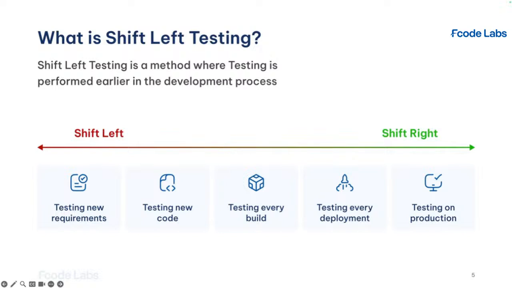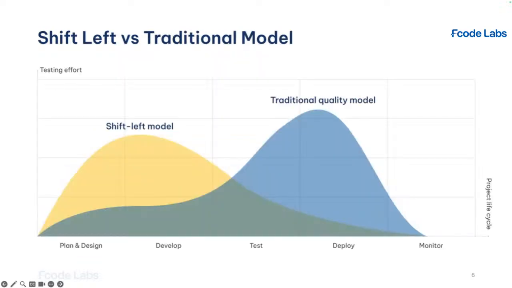Now let's talk more about shift left testing. But before that, let's look at this next graph, which is shift left versus traditional model. As I said, in the traditional model displayed here in the blue color, you can see testing is completely focused on the latter part of a certain project cycle.